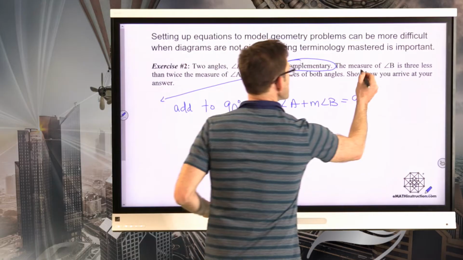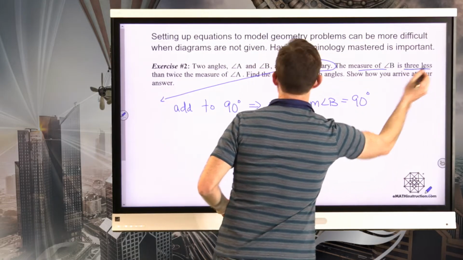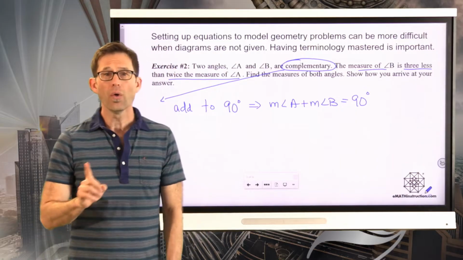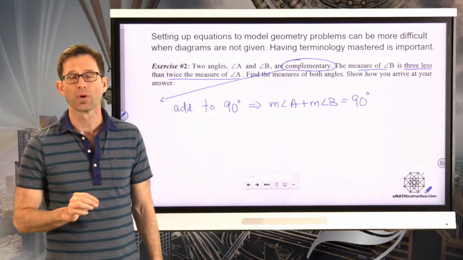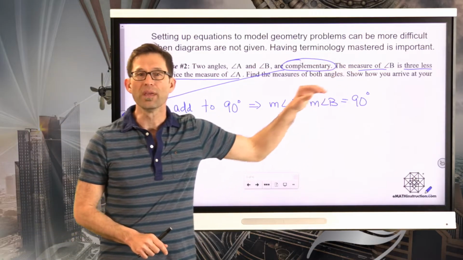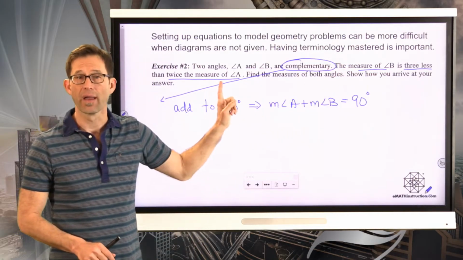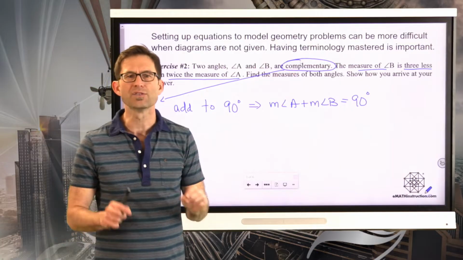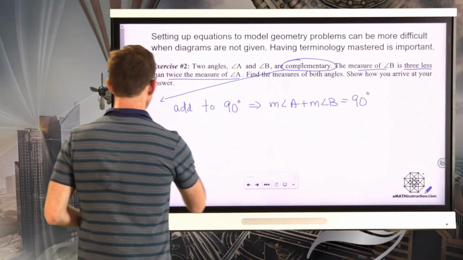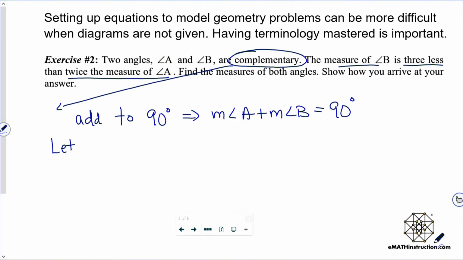I know that the measure of angle B is 3 less than twice the measure of angle A. Notice, as we talked about earlier this year when we were solving word problems using algebra, that the measure of angle B depends on the measure of angle A. The measure of angle B is put in terms of the measure of angle A. So here's what I'm going to do. I'm going to say, let the measure of angle A be equal to x.